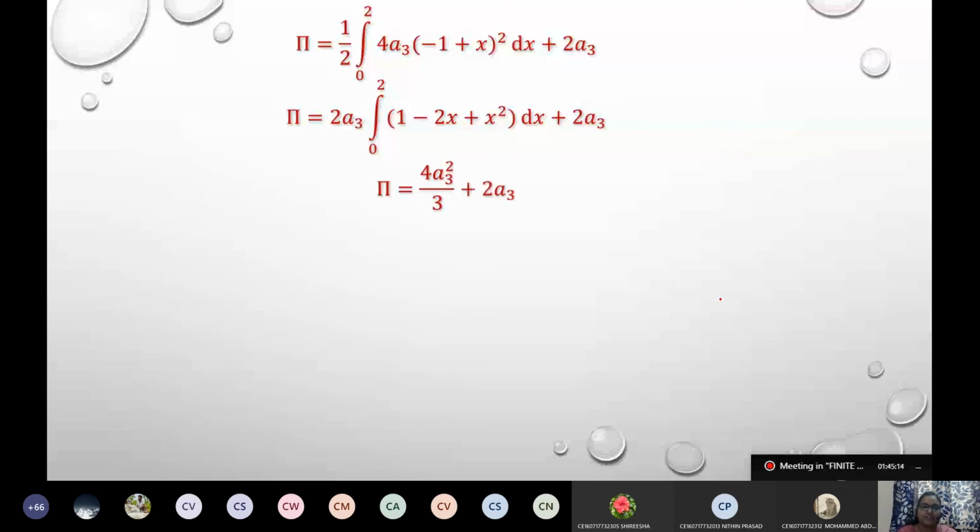And finally, after integrating, this is the value where I'll reach. Please let me know if it's the same answer you could get. You have to reach the same answer. If you did not, there must be some minor mistakes you might have committed. Please cross-check.